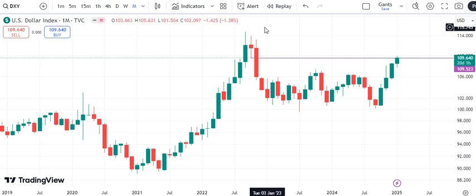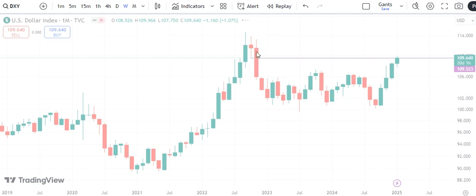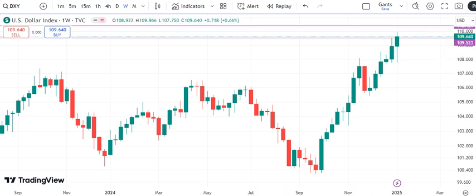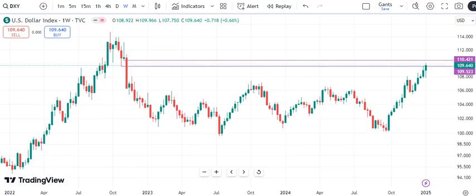If you go to daily time frame, we have a volume imbalance around this area. On a weekly time frame, this particular candle's wick is a potential premium array where price could trade to and then sharply reject.